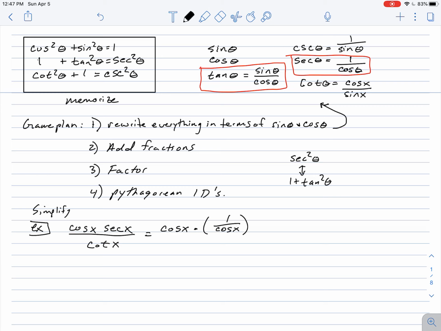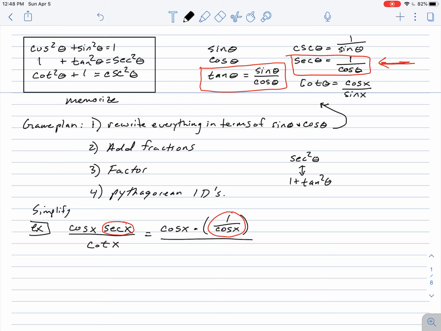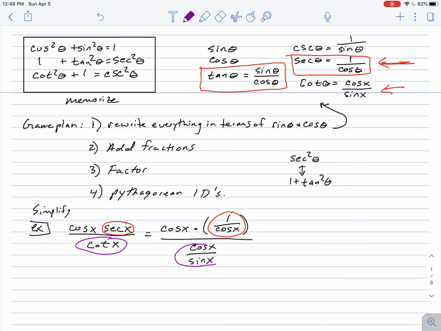So I'm substituting the secant x for 1 over cosine, and that's using this equation up here. And then I'm going to divide that by the cotangent, but instead of the cotangent, I'm going to write cosine over sine. And that's also using this equation up here. So I'm substituting this for that.